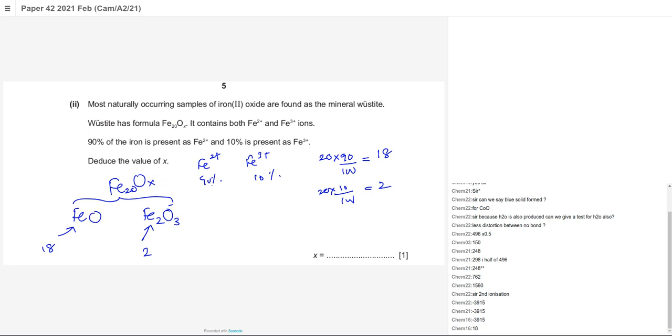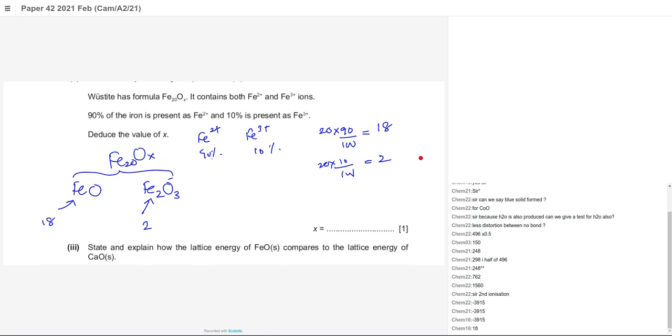If Fe2+ is 18, that means oxygen also will be 18 here because it's 1:1. But Fe3+ is 2, oxygen will be what? 3, right? Because ratio is 2:3. It's quite a straightforward question, right? If Fe2+ is 18, oxygen also has to be 18 because 2 plus and 2 minus is 1:1 proportion.